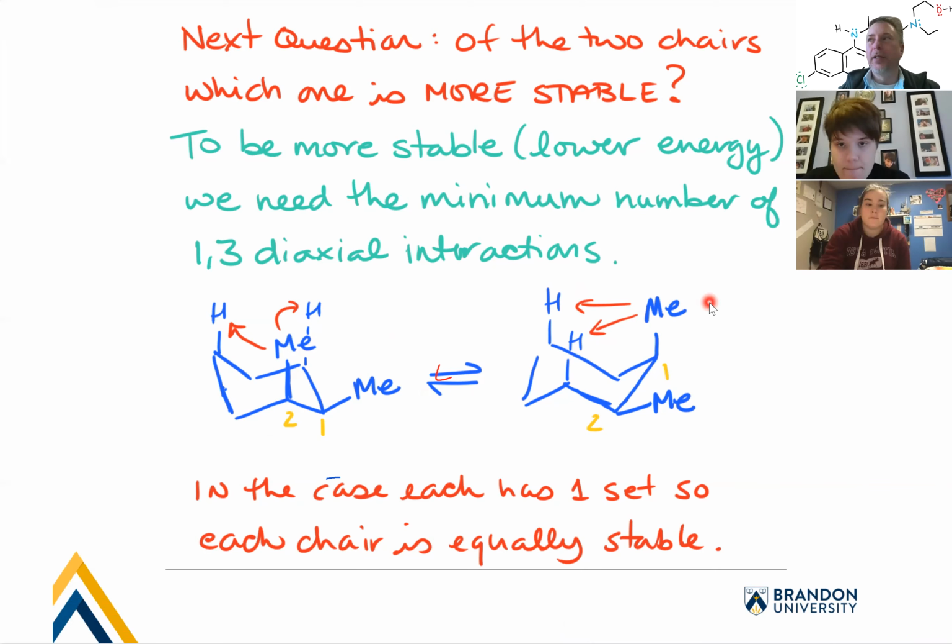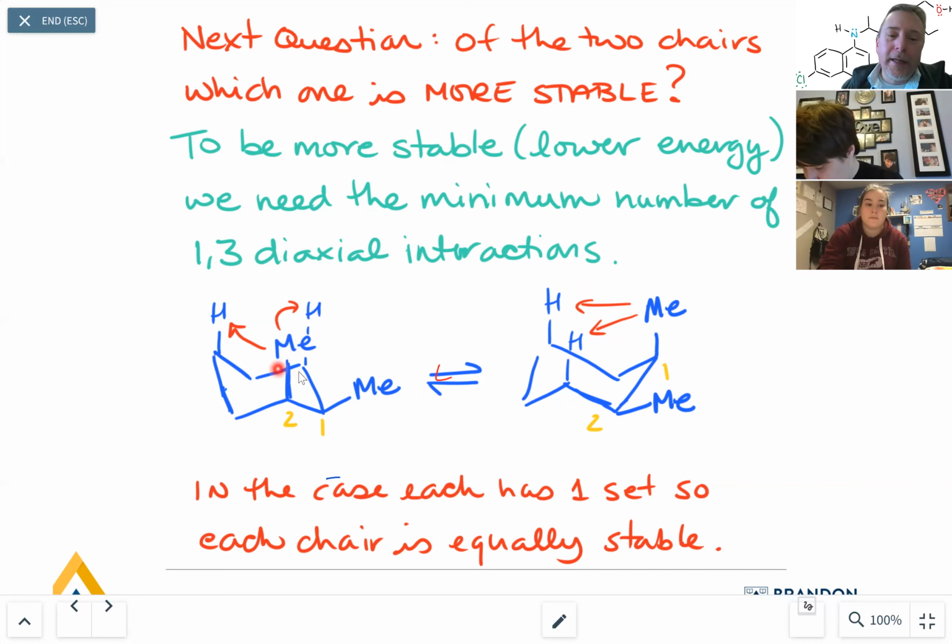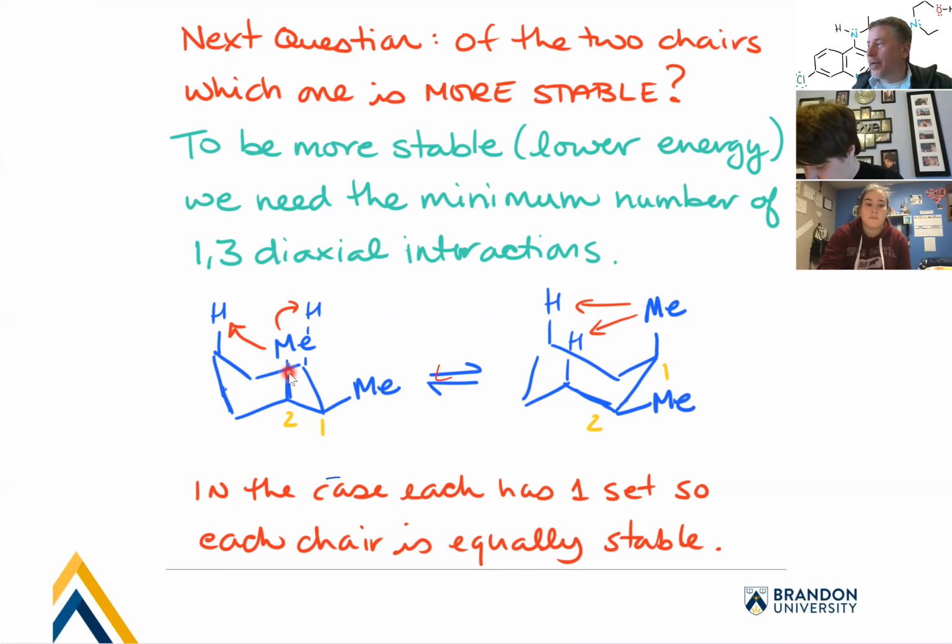Sometimes one conformation has got 0 1,3 axial interactions, and the other conformer could have multiple. So the general rule of thumb is you look at your conformation and determine how many 1,3 diaxial interactions you have.